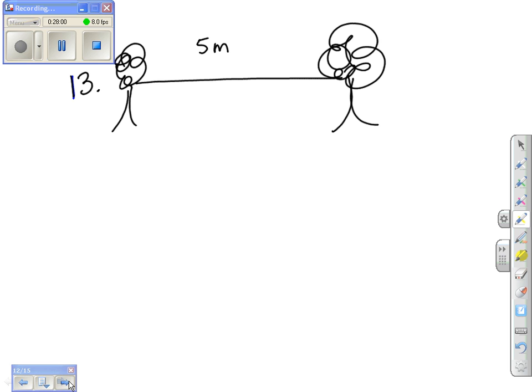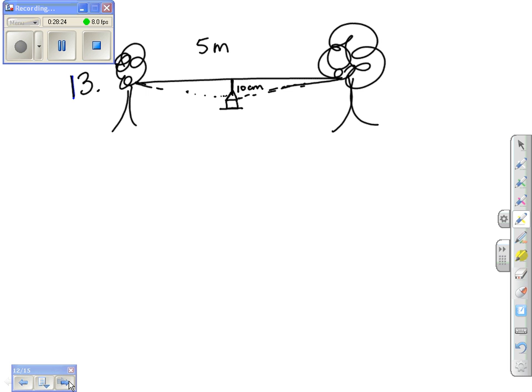Okay, and we're going to hang a bird feeder on it and we're going to hang it in the middle. All right, so I have my little bird feeder house thing. Now when I do that, it's going to sag down. And we are told that it sags down a distance of 10 centimeters.